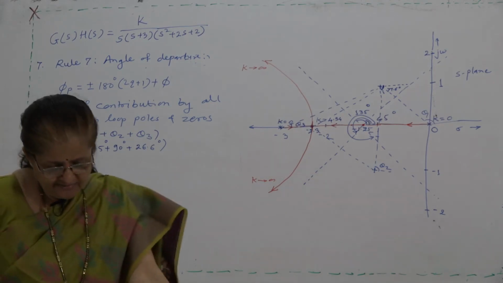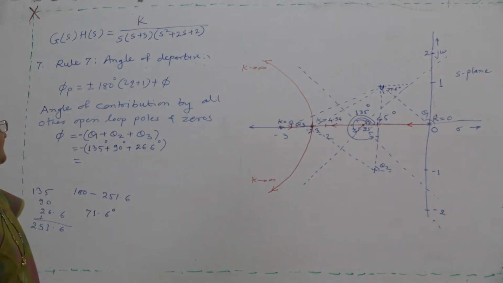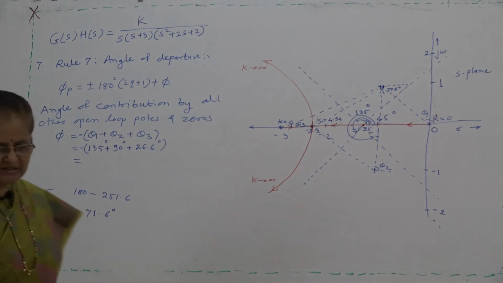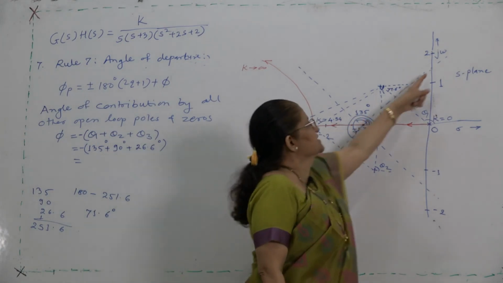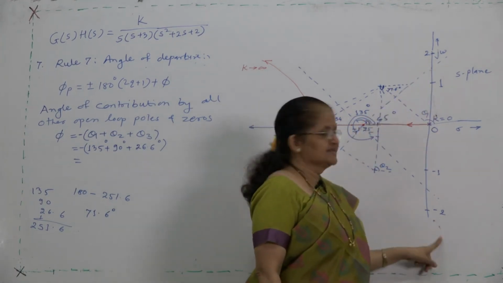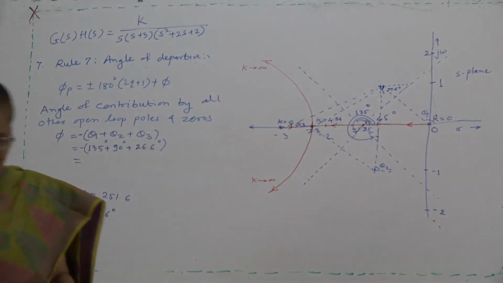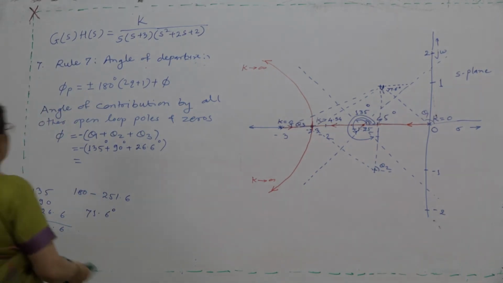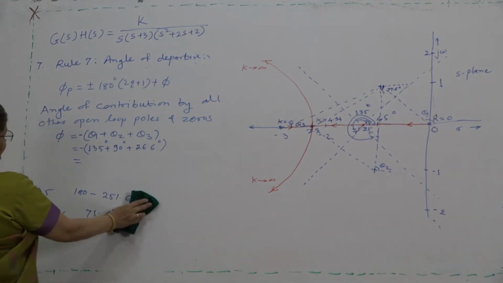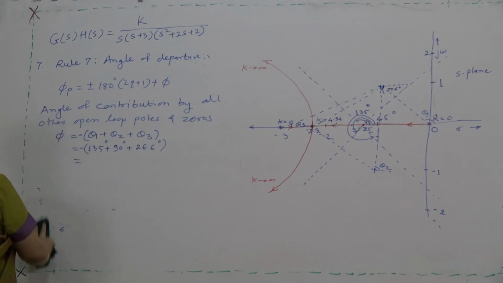How will you represent the angle? You measure 71.6. Somewhere here you will get it, following the asymptote, and you have to find this angle 71.6 here. Draw a small line there. So, the angle of departure is this. Is it okay?